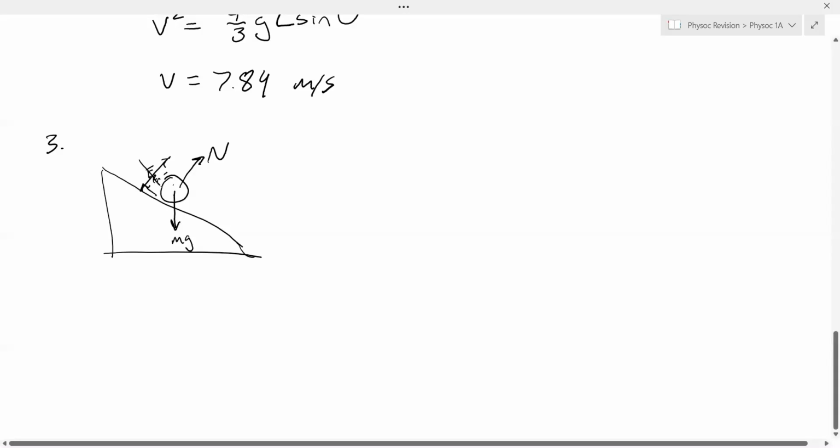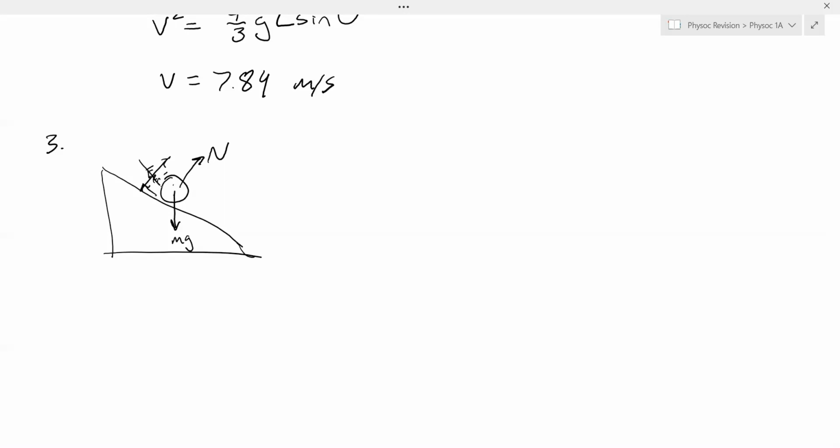We have absolutely no idea what the normal force is, because typically we find that by saying when it's at rest the sum of forces is equal to 0, and then we can solve for the normal force. But we know it accelerates, so we can't use that.